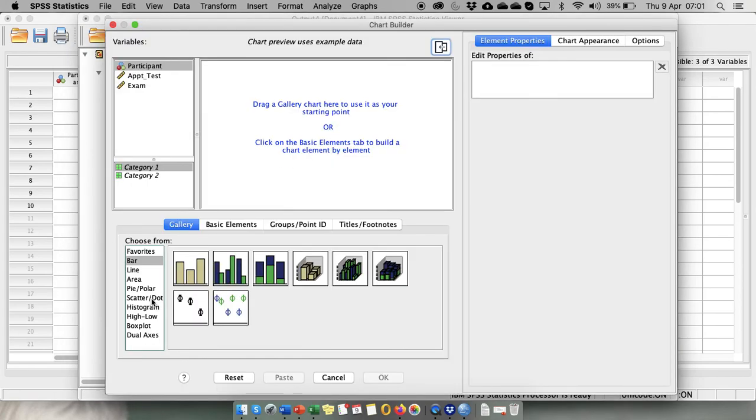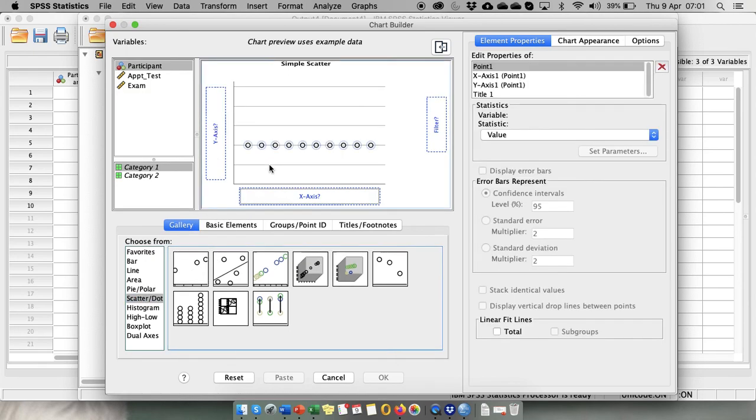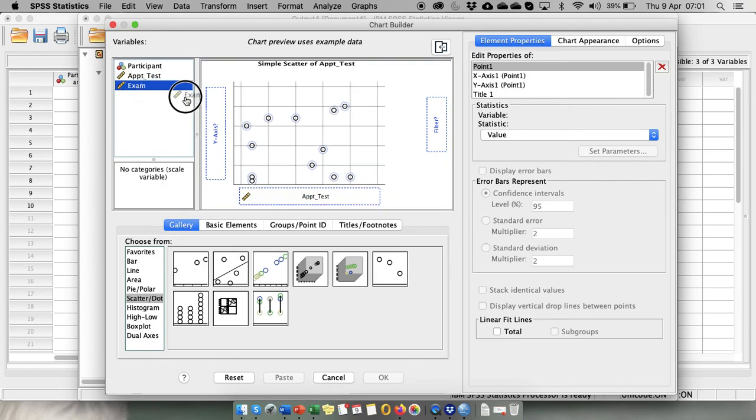We want to plot the scatter plot, so we drag the first one in there, and then we simply drag the variables onto the x-axis and the y-axis. It doesn't matter in which order you put them, exam on the x-axis, aptitude test on the y-axis, or the other way around. The relationship will not change because of that. So once you set up, press OK and wait.